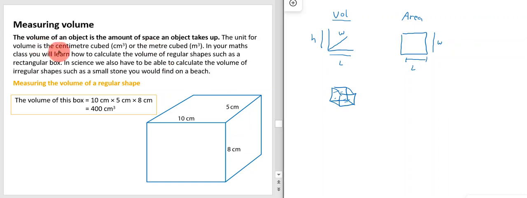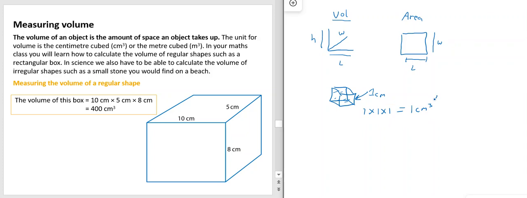The unit of volume is the centimeter cubed, cm cubed, or the meter cubed. A centimeter cubed basically would be where each of these sides is 1 centimeter in length. So it's going to be 1 multiplied by 1 multiplied by 1, which is equal to 1 centimeter cubed.